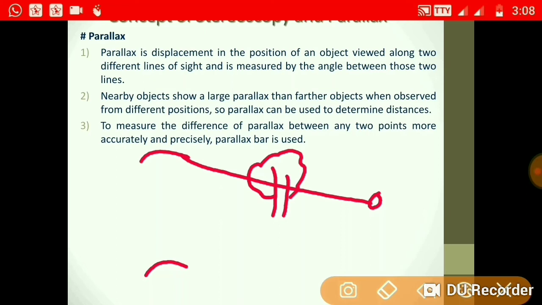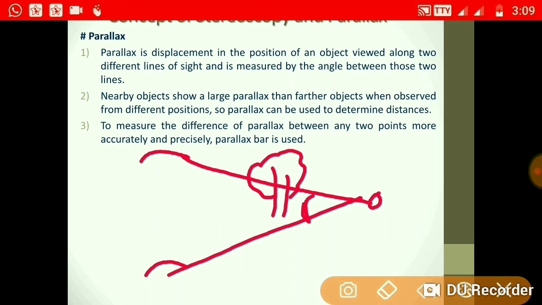Now if you observe the same object from your right eye, you may feel that the object is at the right hand side of that tree. So this effect is the parallax, and this angle you may call the parallax angle.